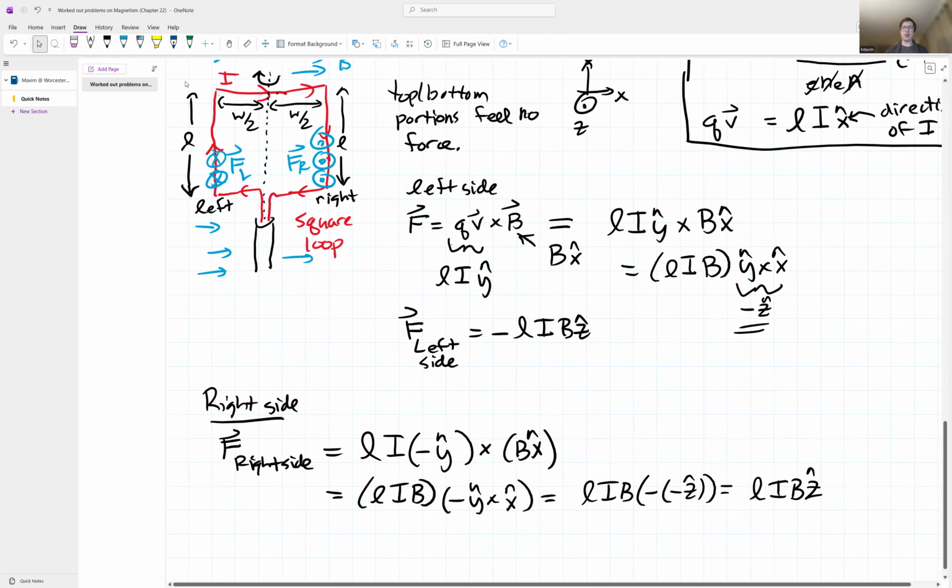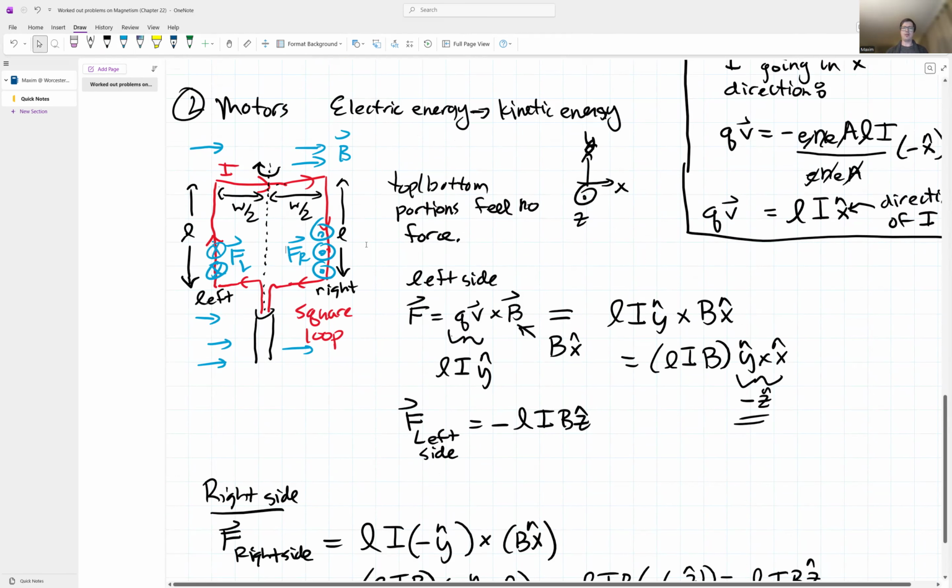We can even do more, and hopefully you remember that when you have a rotation like this, a force that causes a rotation around an axis, then the force is best interpreted as a torque. The force creates a torque on the object. Hopefully you remember that from the first semester. So this is sort of like a side view of the loop. But let's just calculate the torque.